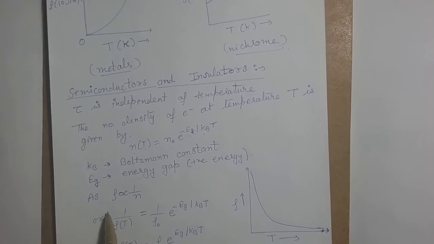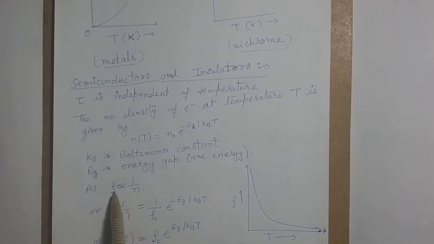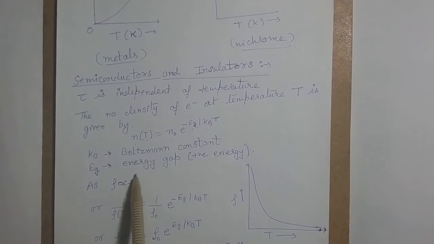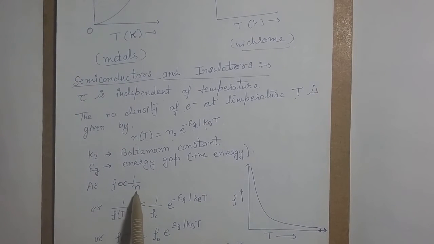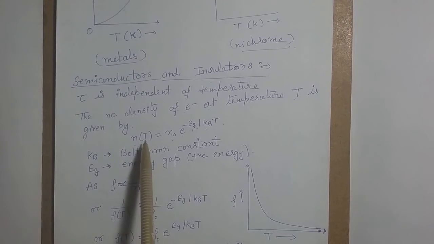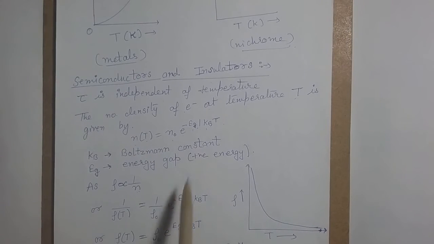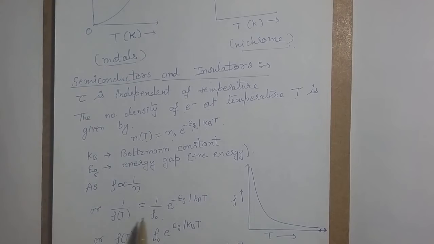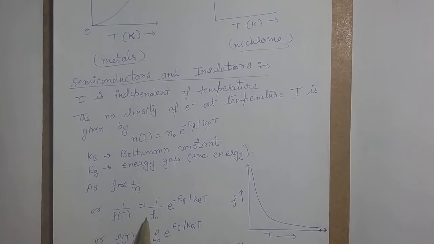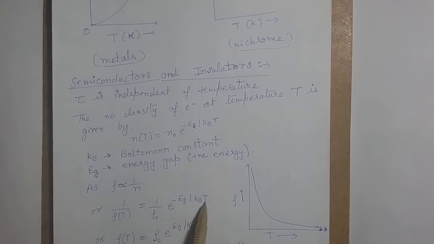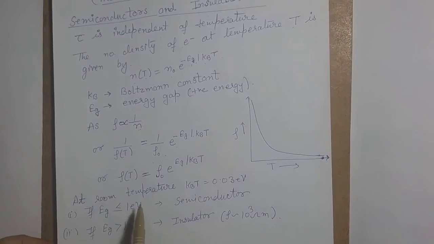Now as we know, resistivity is inversely proportional to the electron density. So applying the formula over here, what we are getting is 1 upon rho equals 1 upon rho naught e raised to power minus Eg upon kBT. And what we are concluding from this?